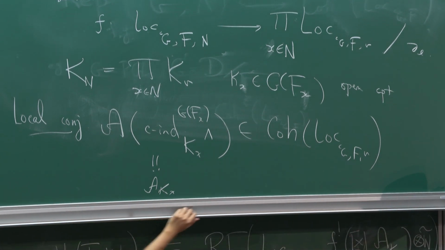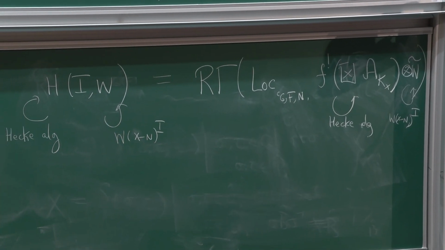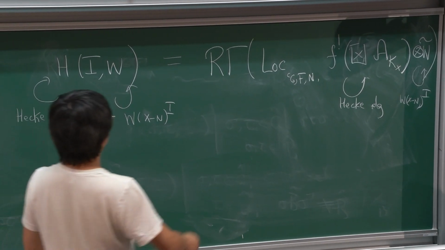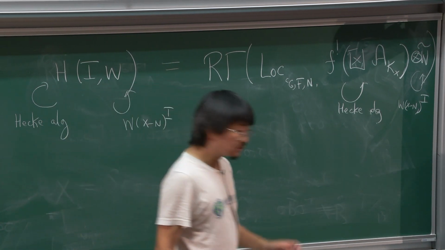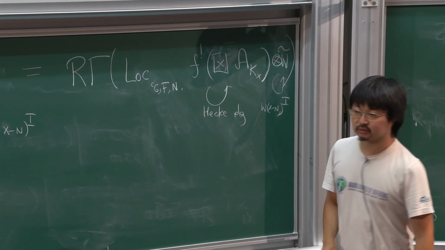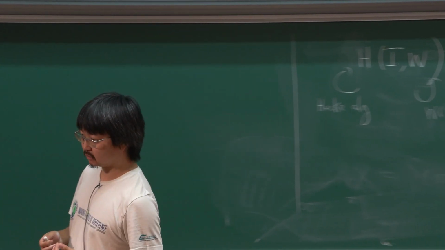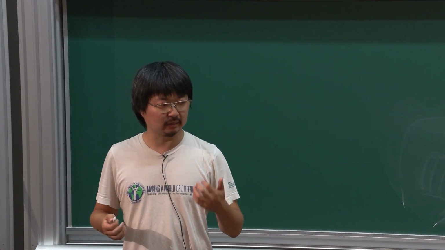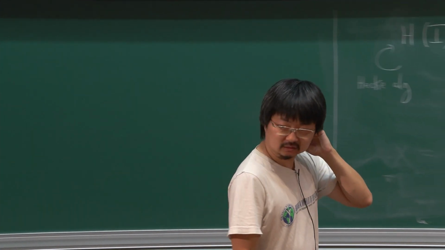When I tensor them up, this global Hecke algebra acts on it. And the claim is now this is an isomorphism, except the only subtlety is that you need to not take the usual star pullback, but take some shriek pullback in the context of coherent sheaves to get the correct formula.